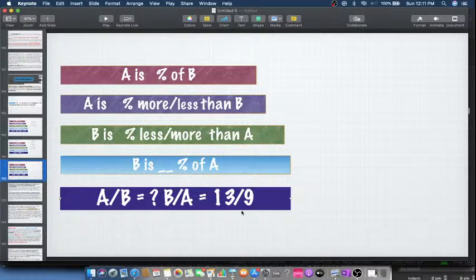Flip this ratio and it will become 9 by 13. So a reduction of 4 by 13, what is 1 by 13? 7.7. Multiply that and you will have your answers.